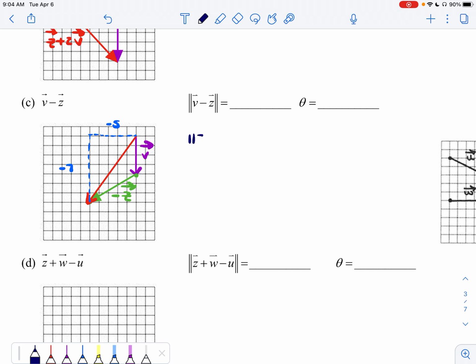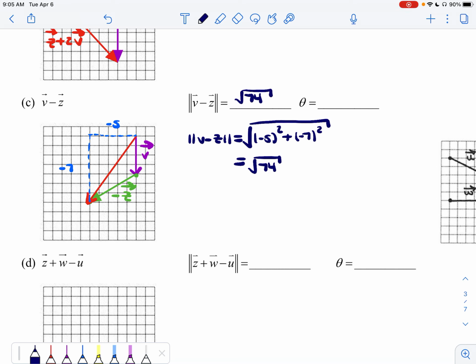So the magnitude of this vector would be, just using Pythagorean theorem, square root of 5 squared plus 7 squared. Okay, so that would come up to the square root of 74.